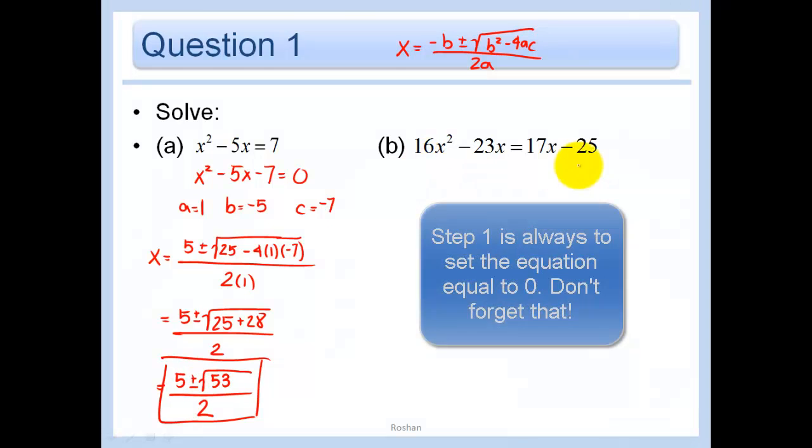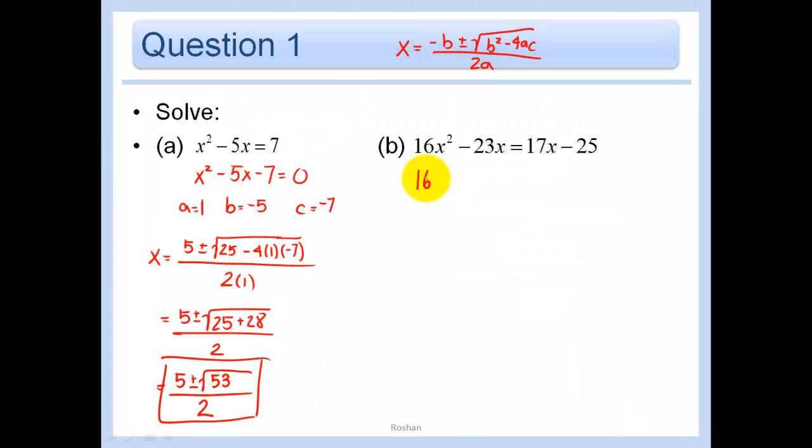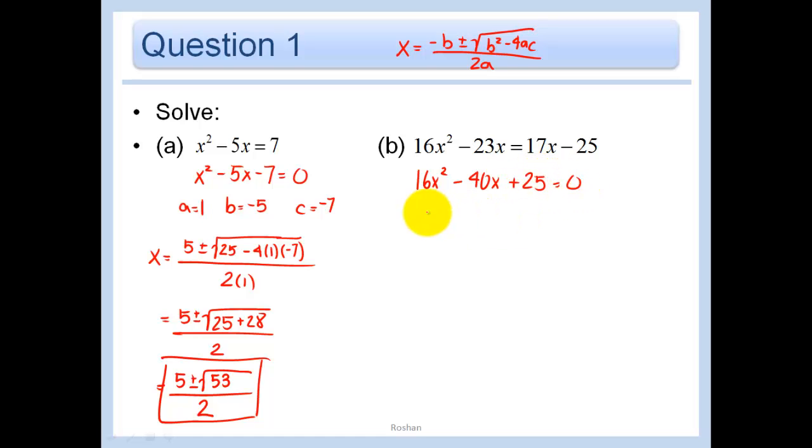In this equation, my first step is going to be to set it equal to 0. So I'm going to scoot the 17x over here. 16x squared minus 40x, and scoot the 25 over here, plus 25 equals 0. I will make my a what's in front of the x squared, my b what's in front of the x, which is negative 40, and my c is just that constant term, or 25.